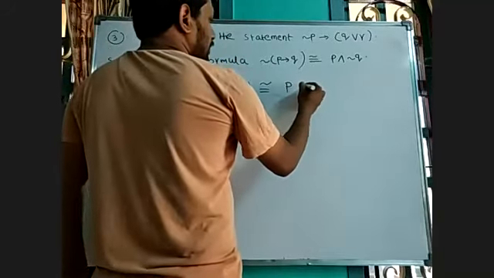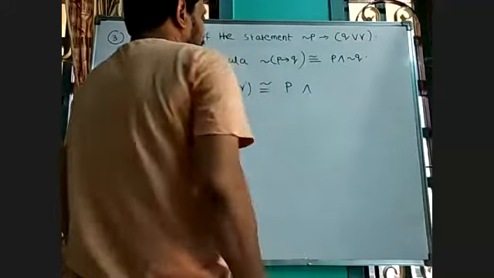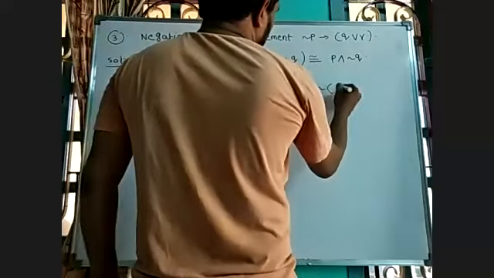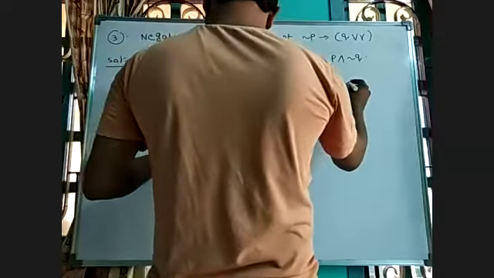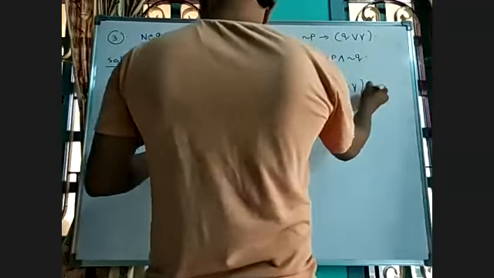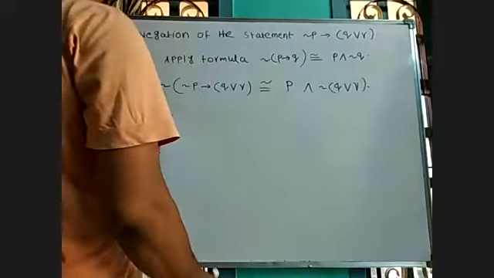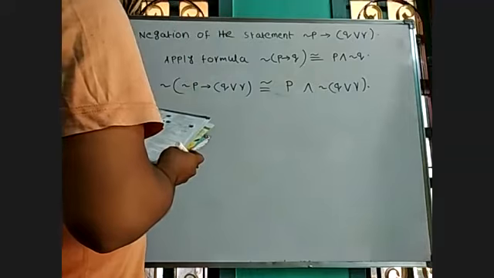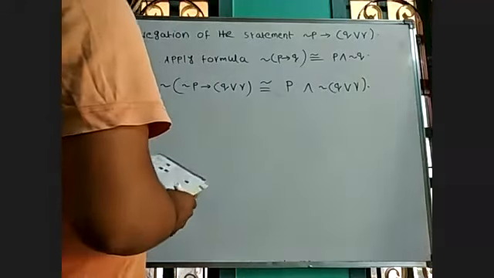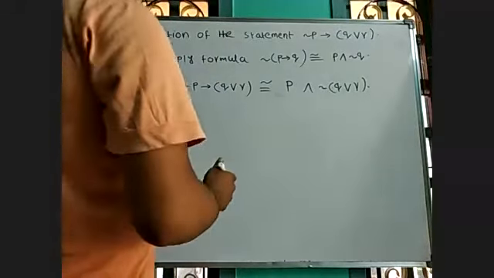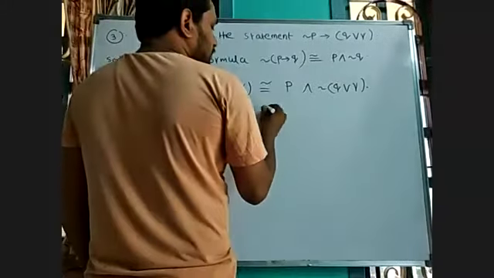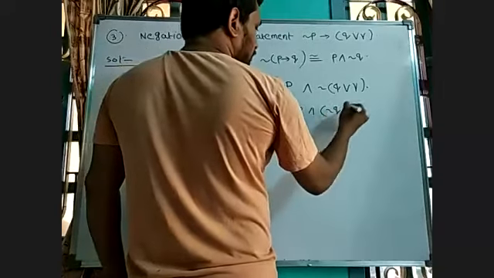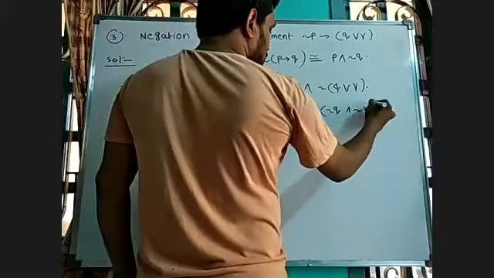P and negation of (Q or R). From this, what we write: negation of P and negation of Q. This symbol will be reversed, negation of R. Right.